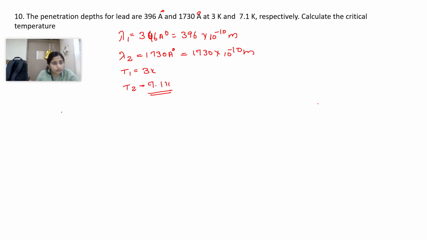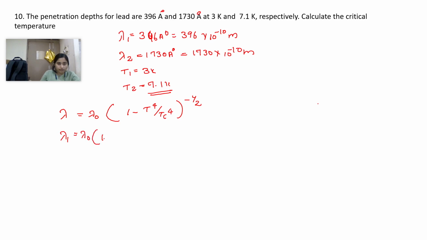Now you have to know the formula. Lambda is equal to lambda 0 times 1 minus T to the power 4 divided by Tc to the power 4, whole to the power minus half. For each case we can write it. Lambda 1 is equal to lambda 0 times 1 minus T1 to the power 4 over Tc to the power 4, whole to the power minus 1 over 2.